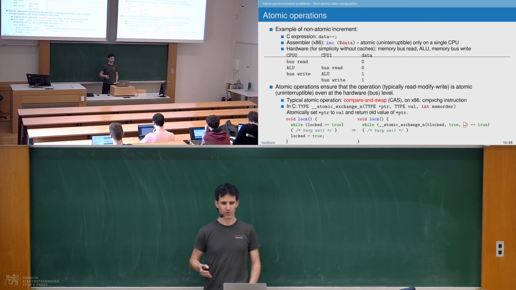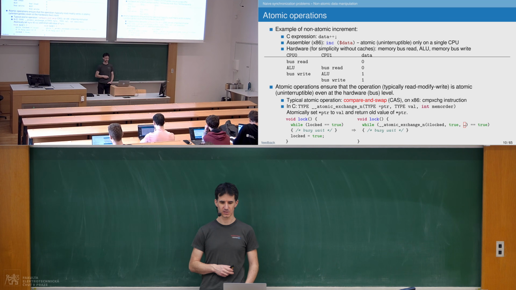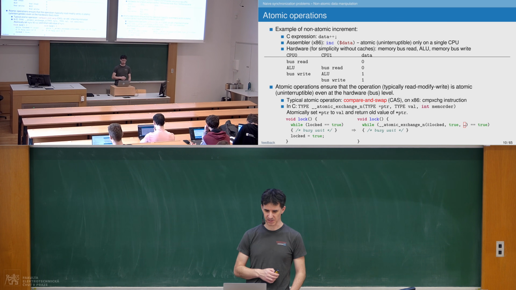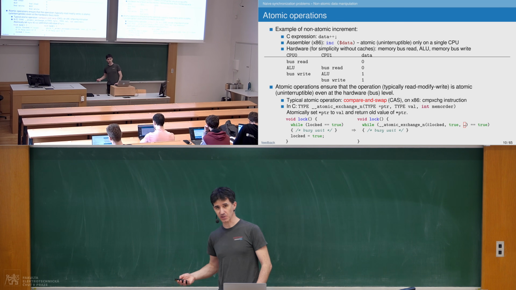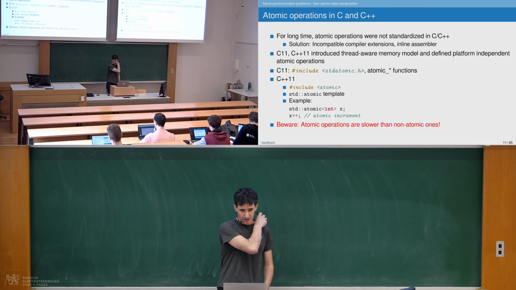Now, if we have code like this, it's always guaranteed that only one CPU succeeds in this condition, and the other CPU will just busy wait in this loop. This is atomic instructions and how to use atomic instructions from C.